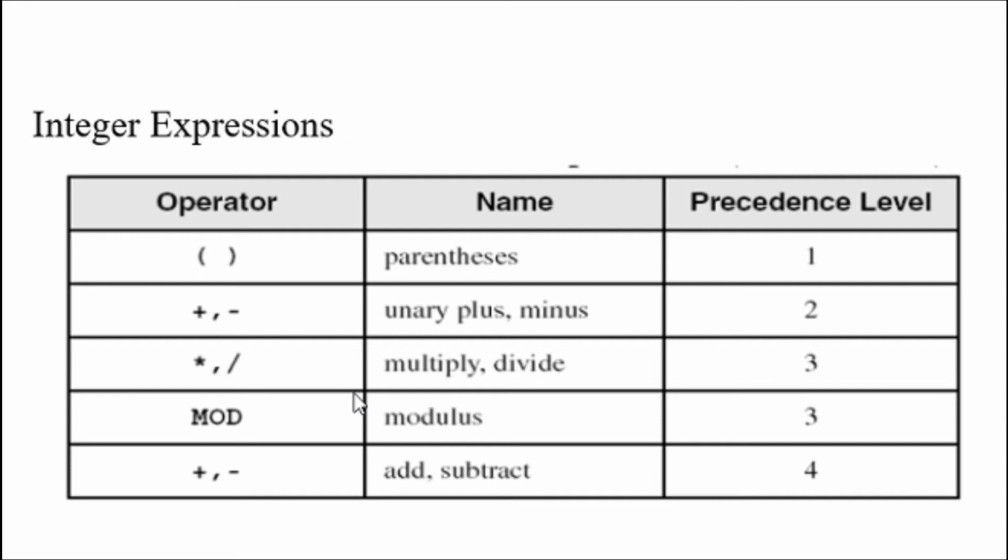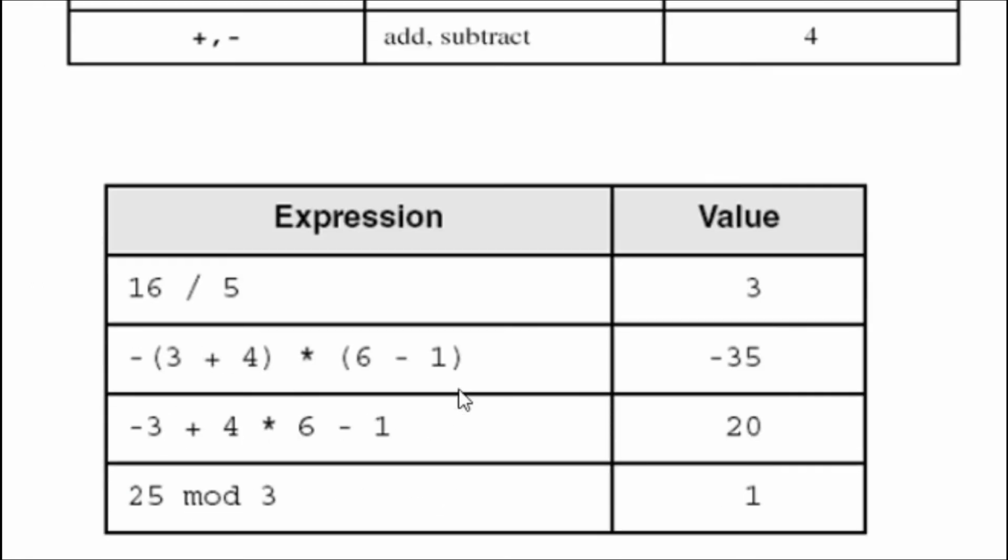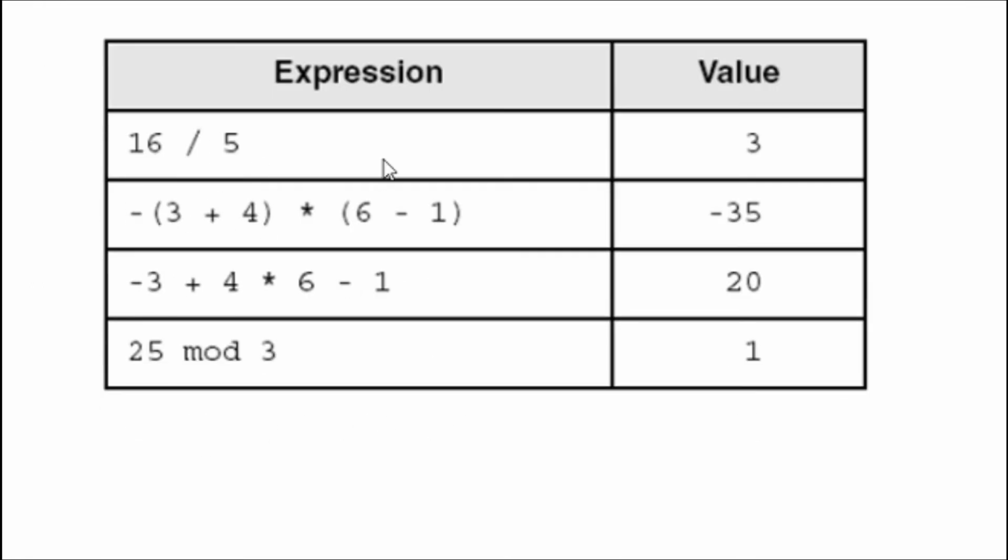Tying with multiplication and division, you have the modulus, or the operation to get the remainder of an expression. Just to give you some examples, for example, you have 16 over 5. This will be equal to 3. You don't get the remainder, you only get the quotient.